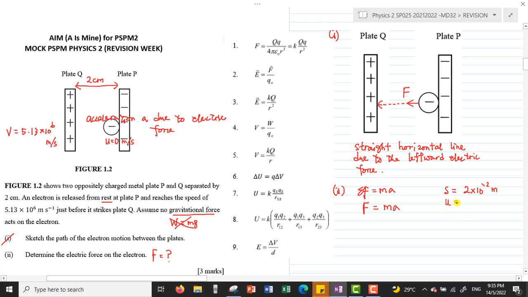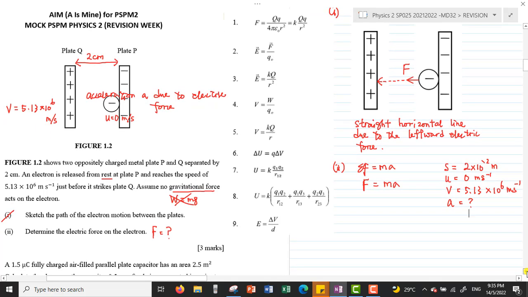Our initial velocity is 0 because initially at rest. And then when it strikes on plate Q, the final velocity is 5.13 to the power of 6 meter per second. So I can use the kinematic equations, v squared equal to u squared plus 2as.